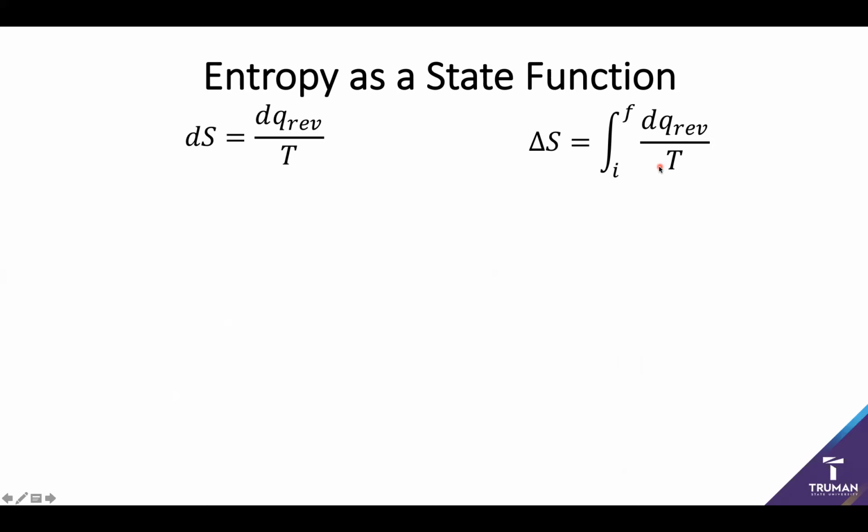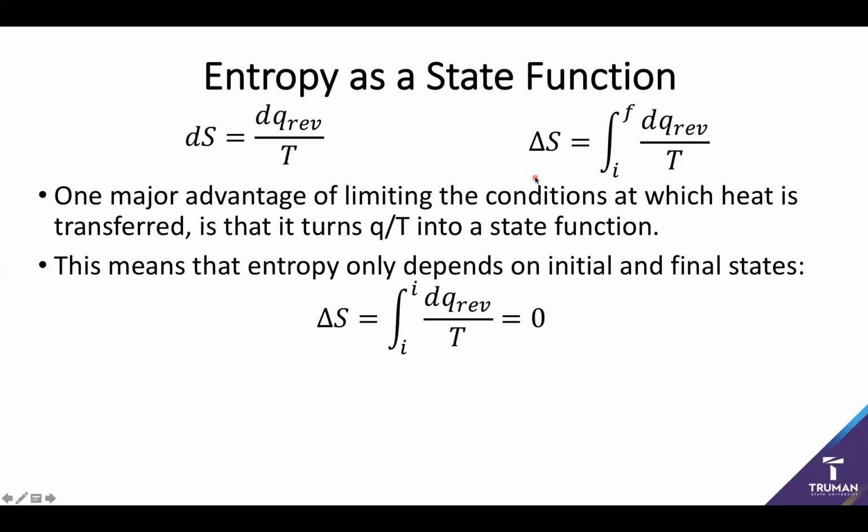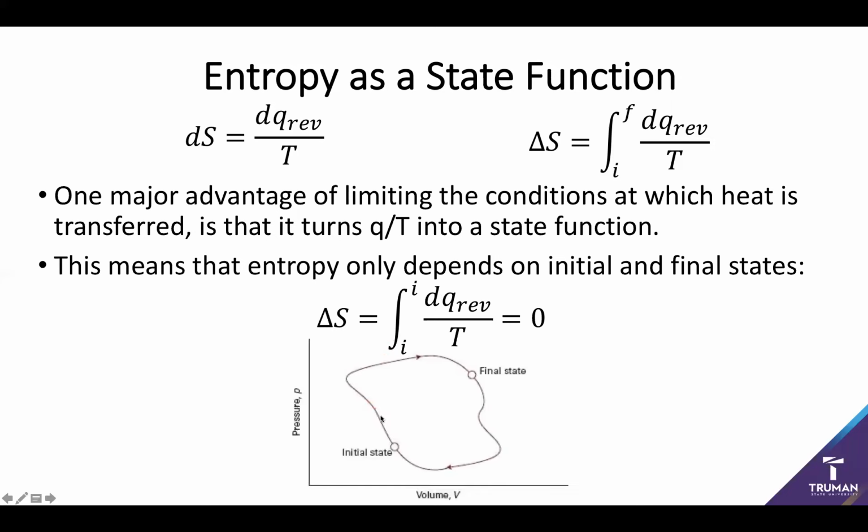And again, one of the big advantages of using this minimum amount of heat is its use as a state function. And this means that my entropy is only going to depend on the initial and final states. So if I'm looking at the entropy change of any sort of closed process, where I say go from some initial state through some intermediate state back to the initial state, while I may have added a whole bunch of heat into my system, the minimum amount of heat, or the reversible heat, is going to be 0.